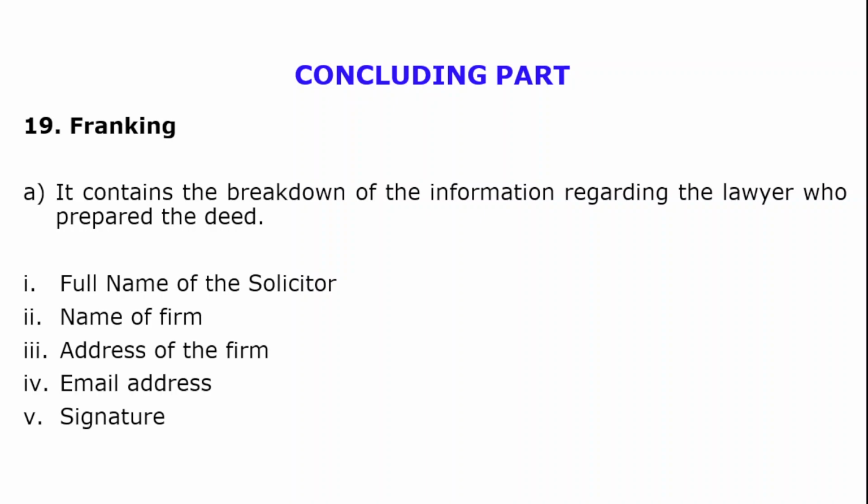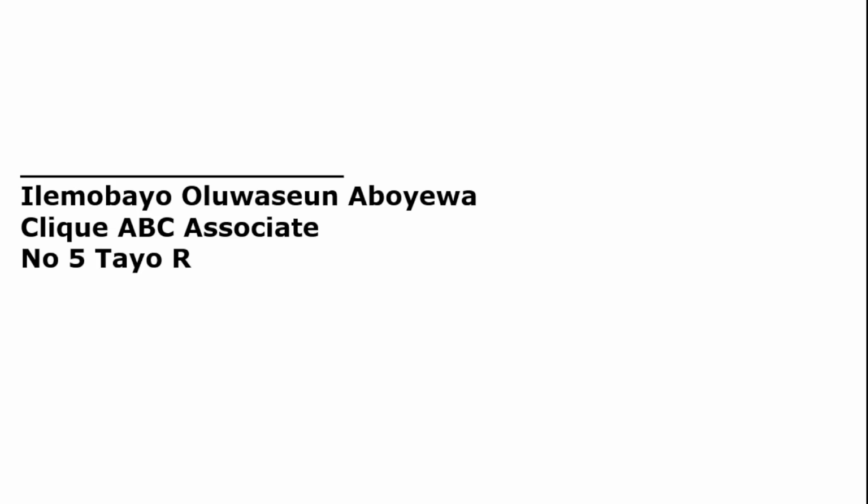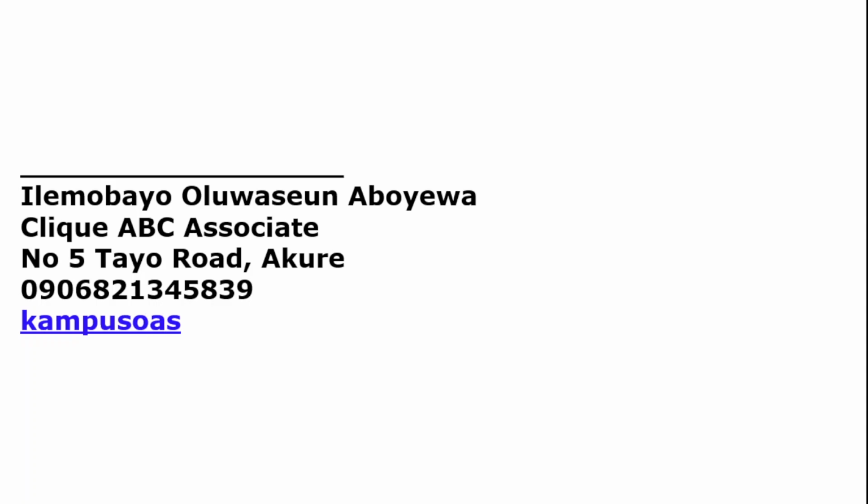And so how do you do that? It's kind of similar to the way you also frank your civil litigation processes. All you need to do is draw your dash, then you write your name, then your firm, then the address, then your phone number. Of course, this phone number is fictitious in case you dial it. And then you have your email, campusraces@gmail.com. In case you want to write to us, you can address us through campusraces@gmail.com.